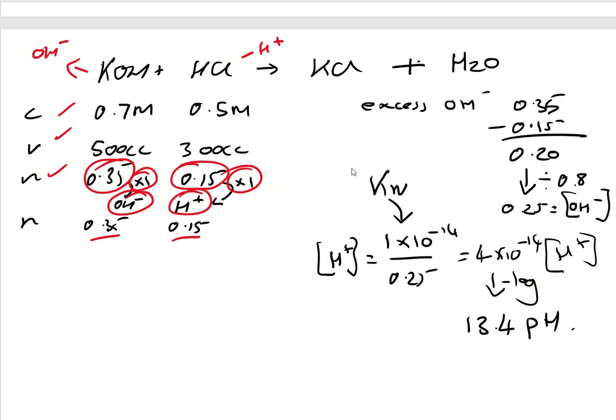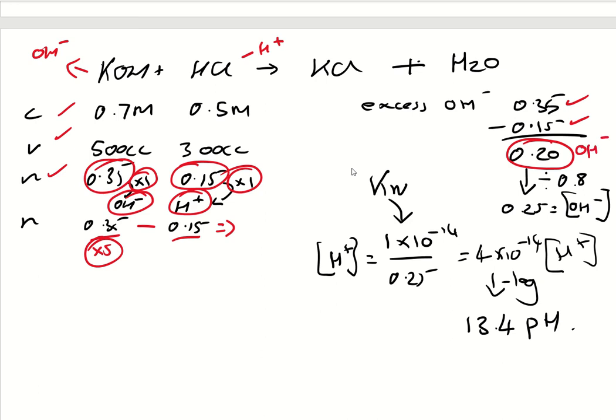I can see this time that my hydroxide ions are in excess. They're in excess by a factor of 0.35 minus the moles of acid that will react with them, so this minus that gives me 0.2 moles of hydroxide ions left over.